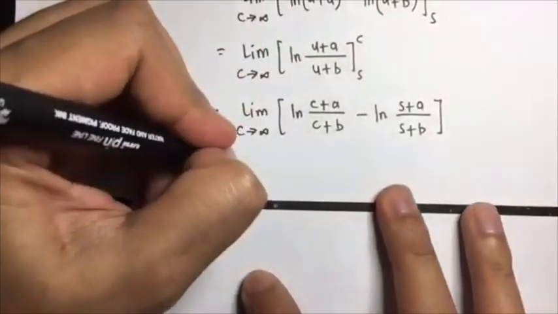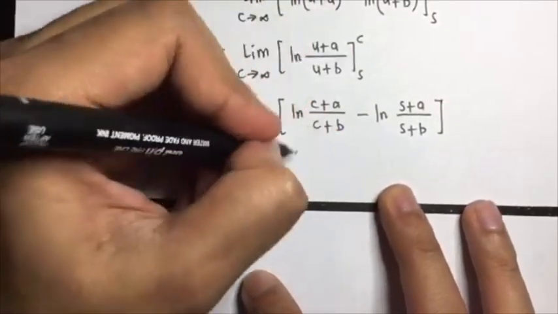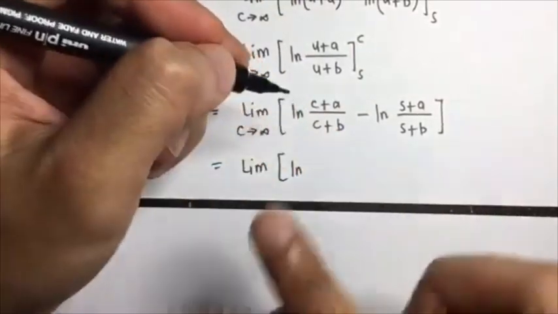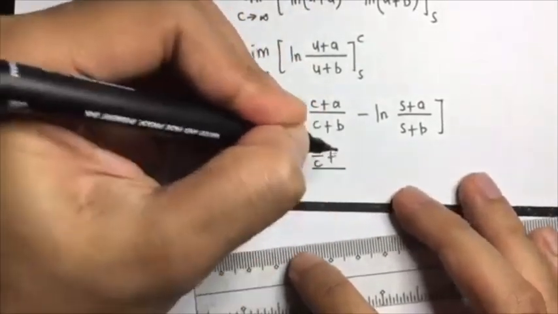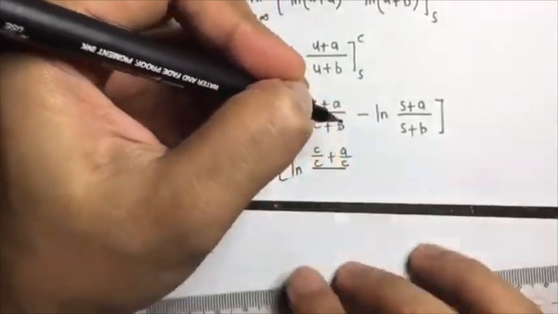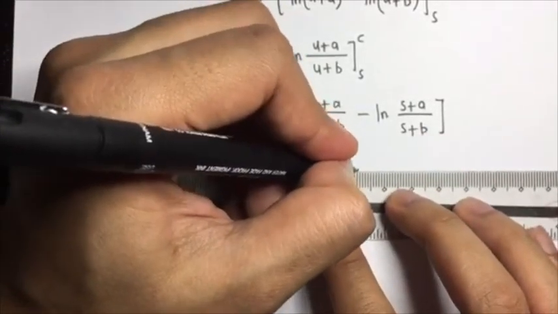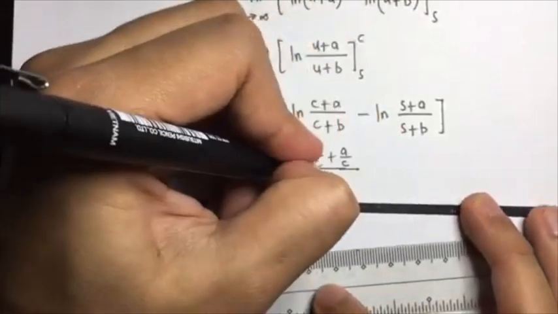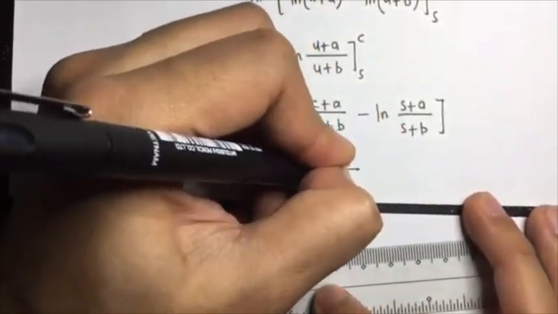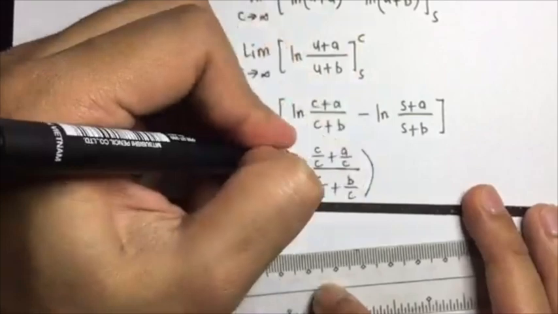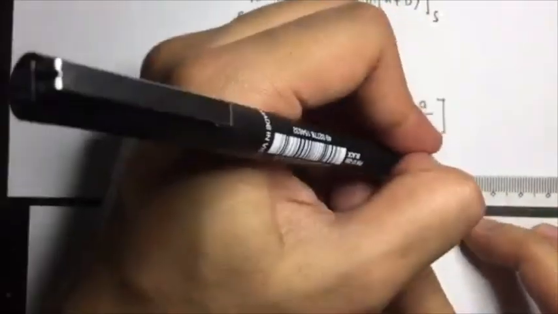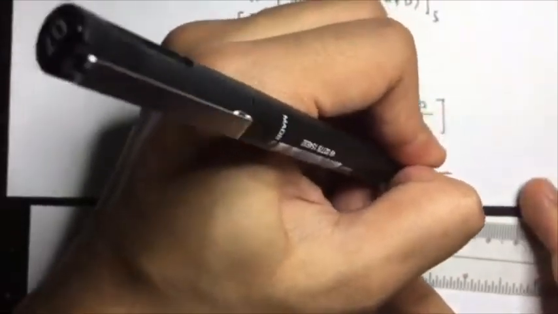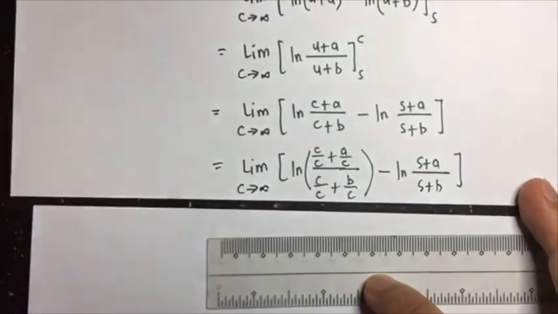So the limit of ln of c over c plus a over c, over c over c plus b over c. And then just rewrite the second term, ln of s plus a over s plus b, as c approaches infinity.